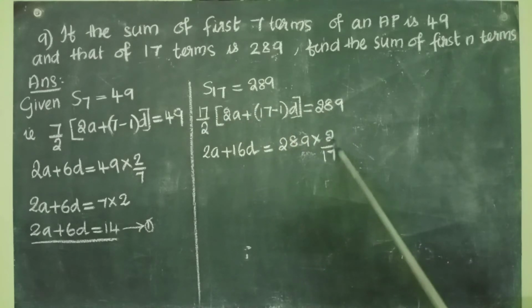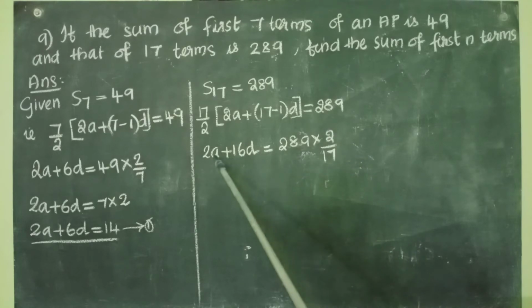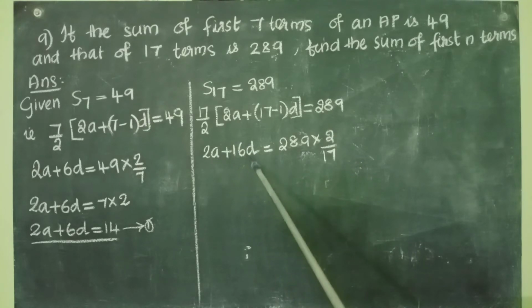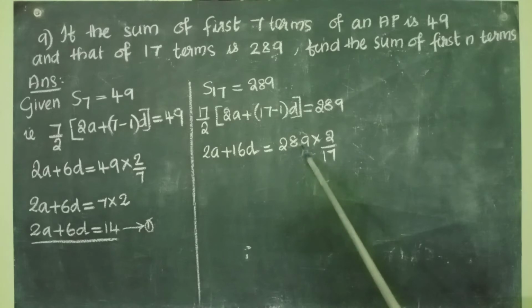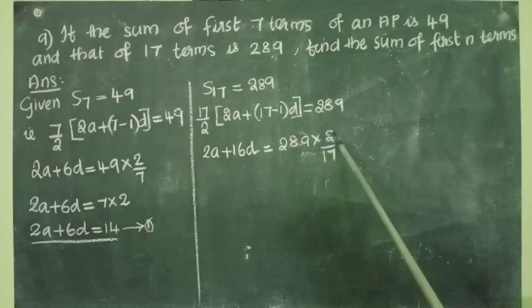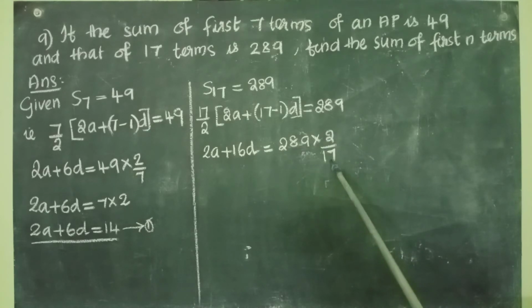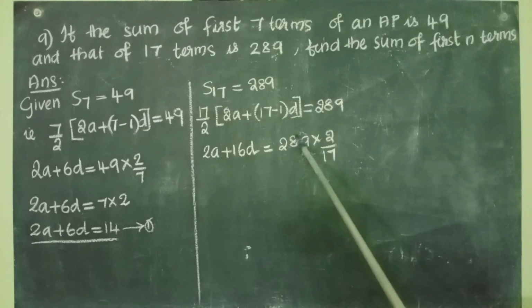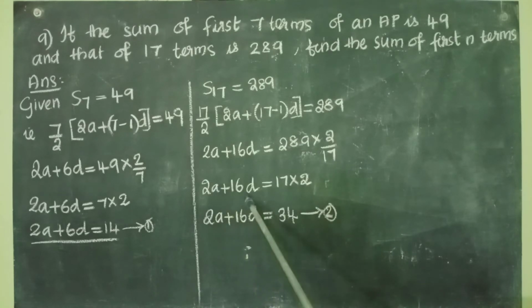It will become 2 by 17. So we get 2a plus 16d equal to 289 into 2 by 17. Here we can cancel this 17 and 289. So we get 2a plus 16d equal to 17 into 2, that is 2a plus 16d equal to 34.